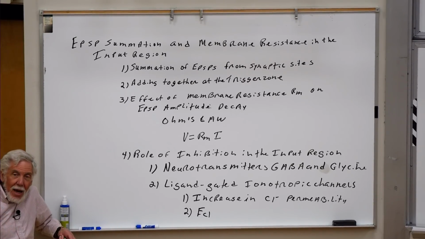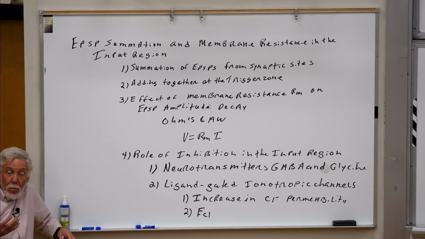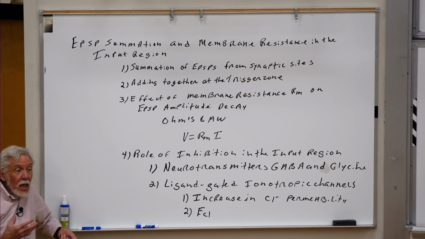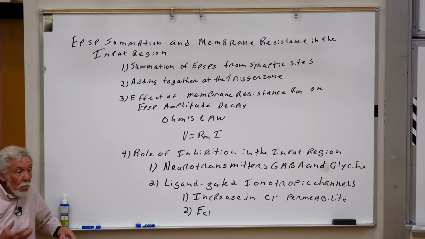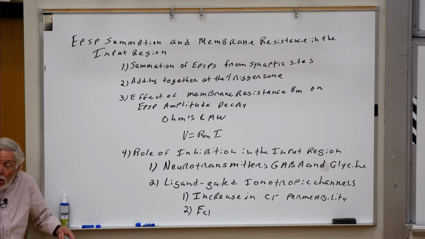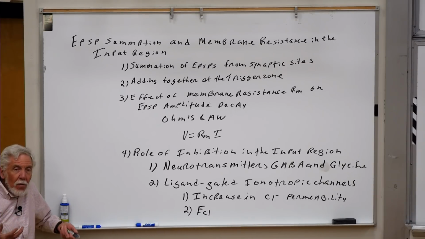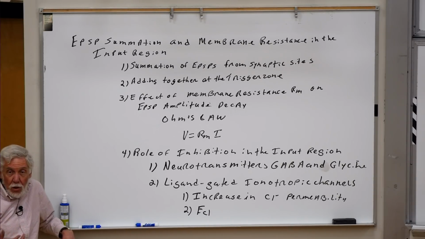And so by the time that potential propagates over the input region of the membrane, because that input region contains potassium leak channels, much of that charge leaks out. So the size of the potential generated at the synaptic site, which may be a millivolt at most, may only be a fraction of a millivolt by the time it reaches the trigger zone.